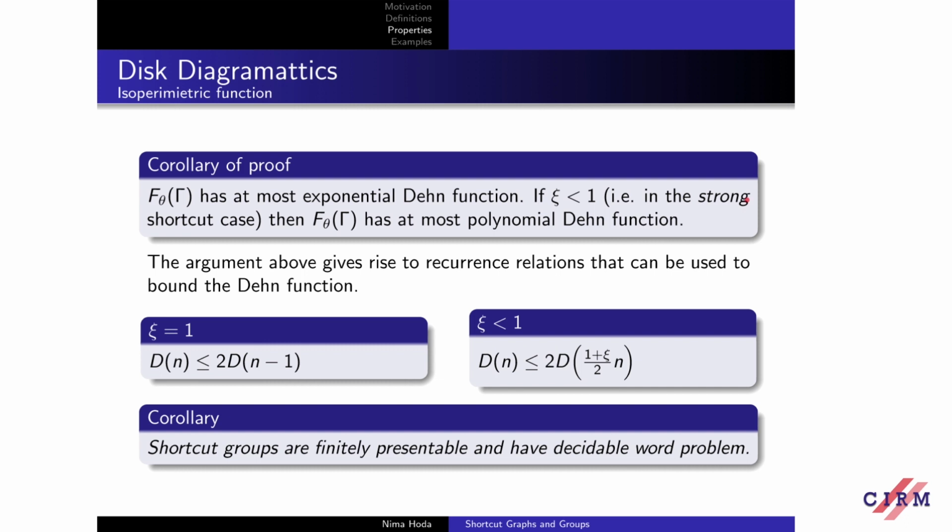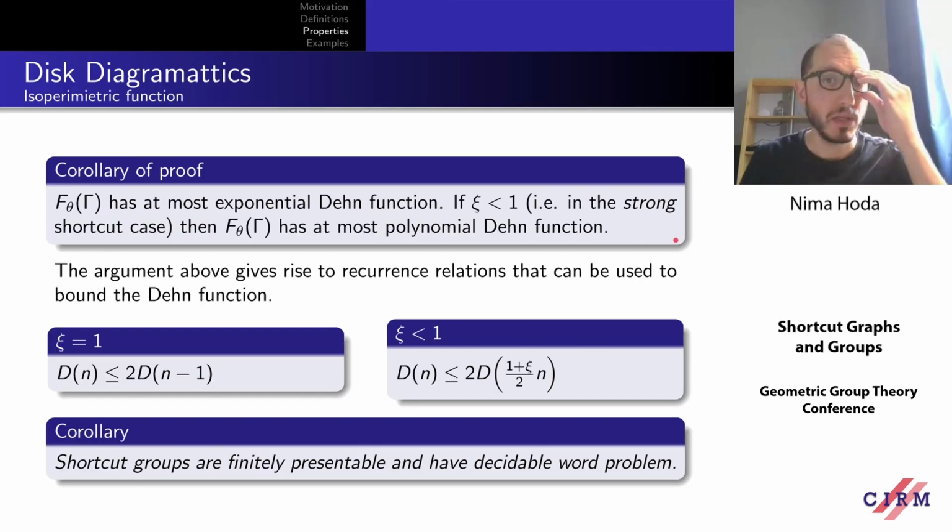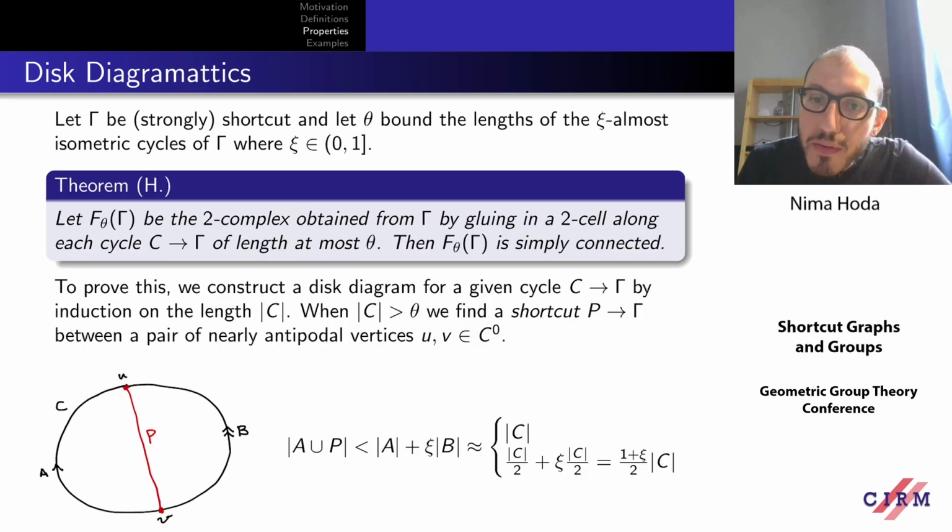All right, so let's start talking about some properties that have group theoretic consequences. Let gamma be a shortcut graph or a strongly shortcut graph, and let theta bound the lengths of the psi-almost isometric cycles of gamma.